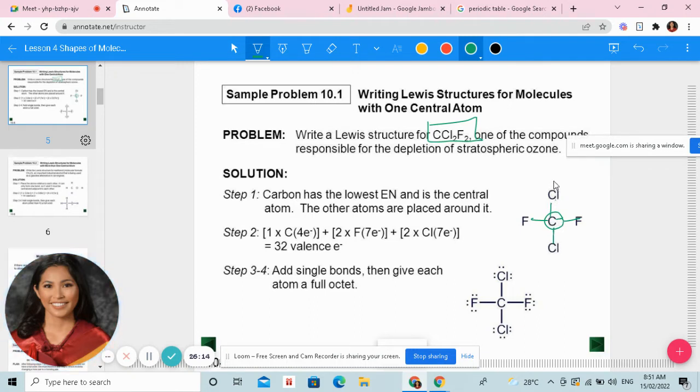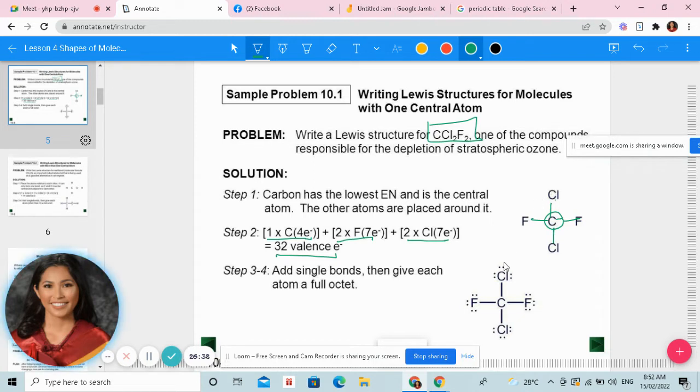We know that this has 8, 8 times 4, that is 32. So we'll have 32 valence electrons: 1 times 4 for carbon, plus 2 times 7 for fluorine, and 2 times 7 for chlorine. So that is 32 valence electrons.